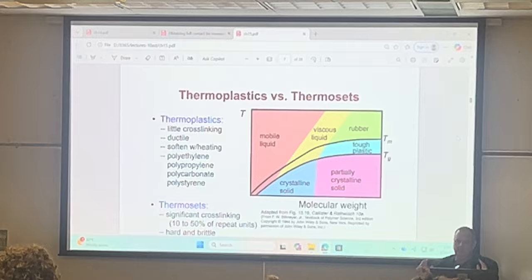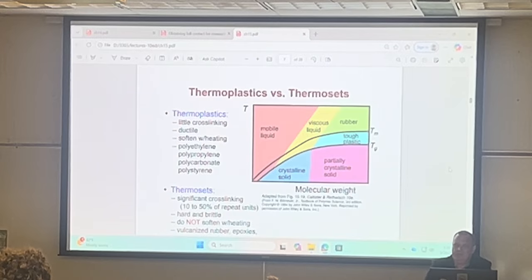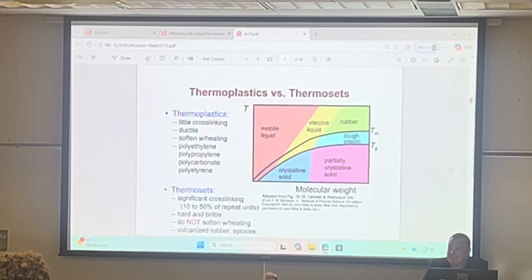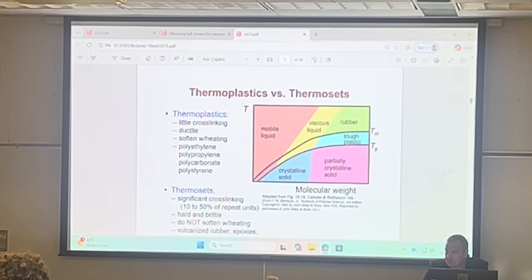All polymers fall into one of the two categories: thermoplastics and thermosets. Let's discuss. For thermoplastics, there's less cross-linking. They're typically ductile. They're softer when they're heated up. And examples are polyethylene, polypropylene, polycarbonate, and polystyrene.